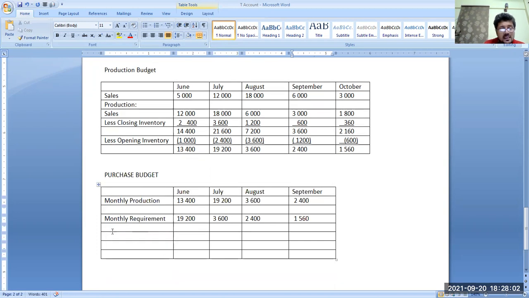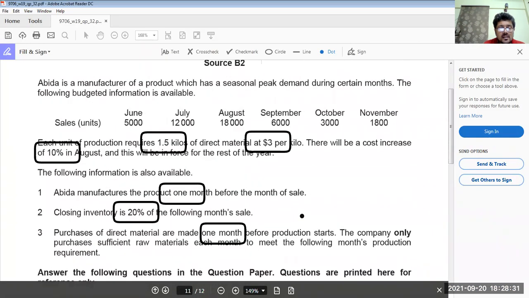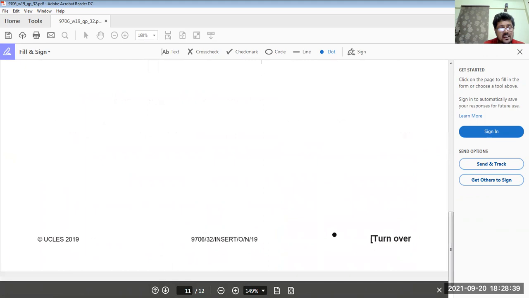Now monthly purchases. 19,200 multiplied by, one thing I forgot to say, 1.5 kilo. So multiply by 1.5. So how much? 28,800 kilos we need.